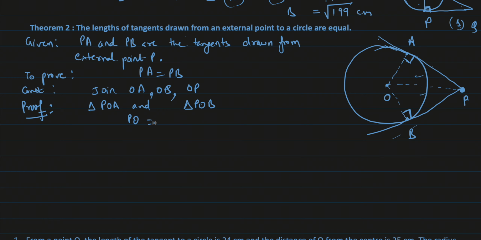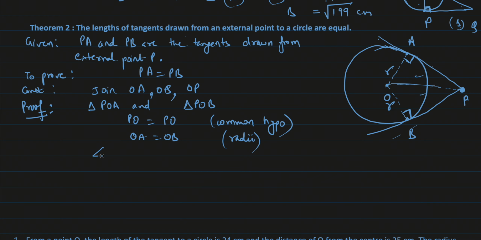Can I say PO equals to PO common, right? That's a common, I can say hypotenuse I'll use here. Okay. Now what else I have? I have OA equals to OB. They both are the radii of the circle, so they both are equal, right? It's a common side, radius. Now what is left?